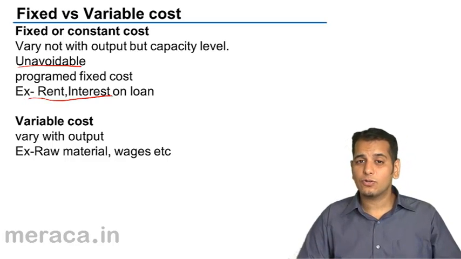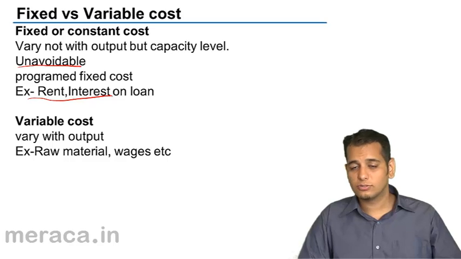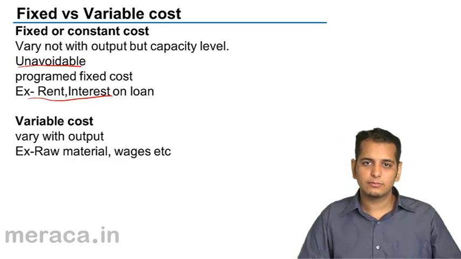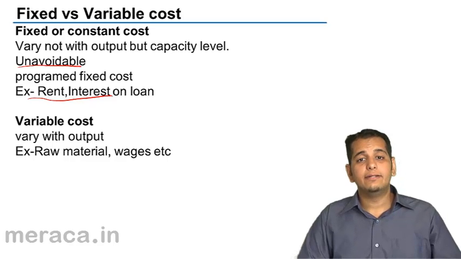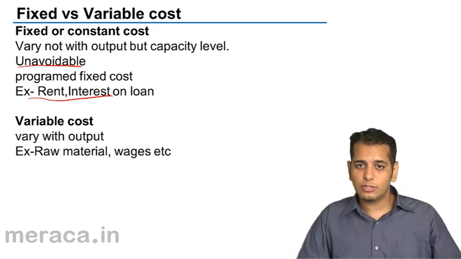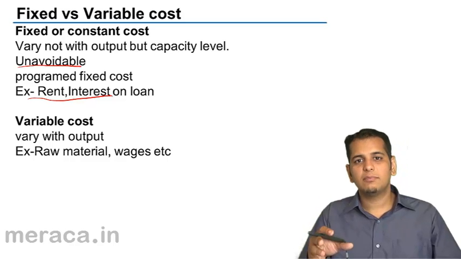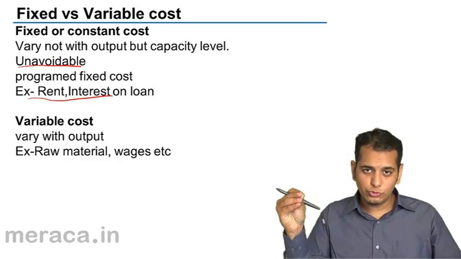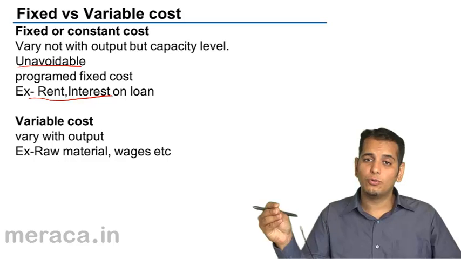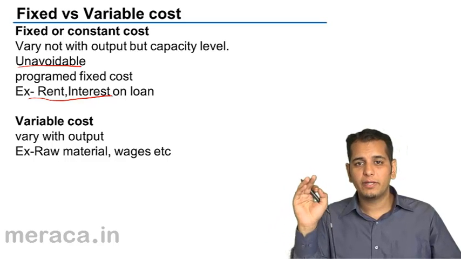Again, interest on loan is also one such cost. It remains fixed. Once you take a loan from a bank, it doesn't matter to the bank if you use the funds or you don't use. You still have to pay interest.